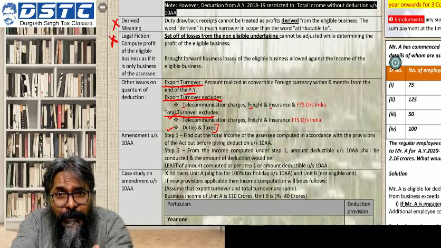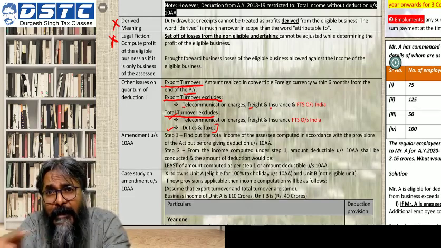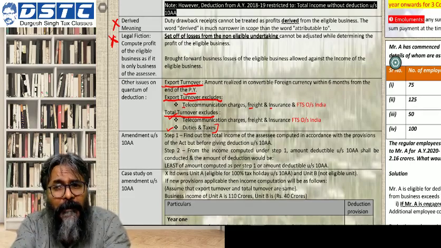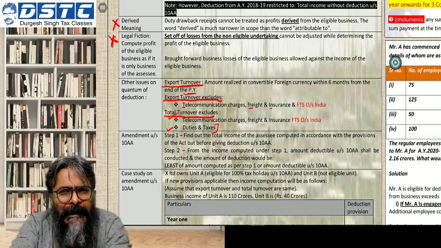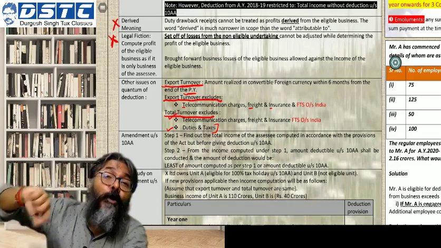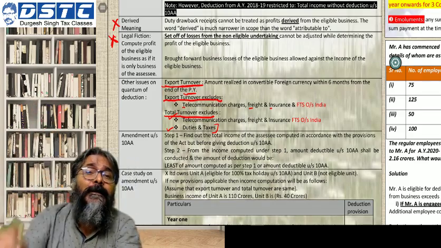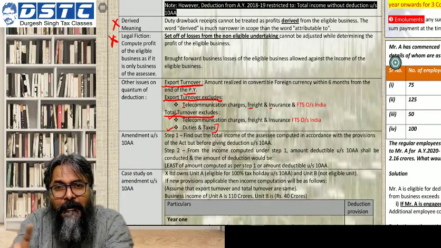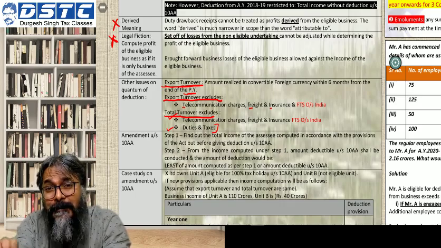Any consideration which is recovered in relation to the transportation of the goods, or in the nature of post exportation charges, is excluded.